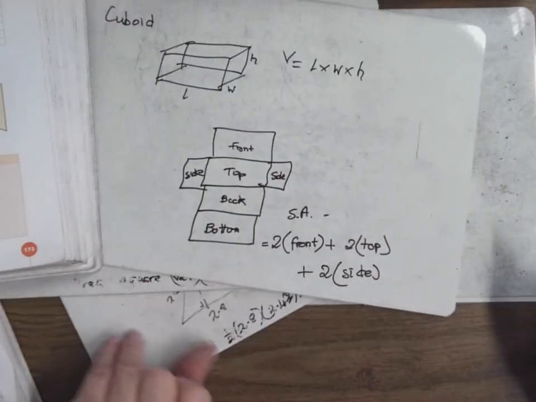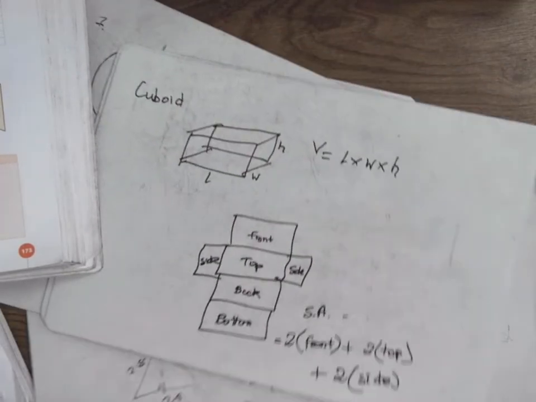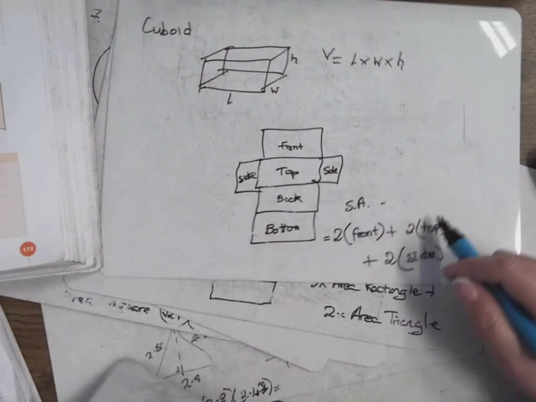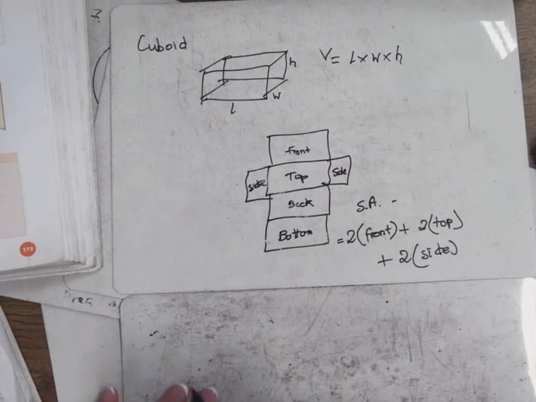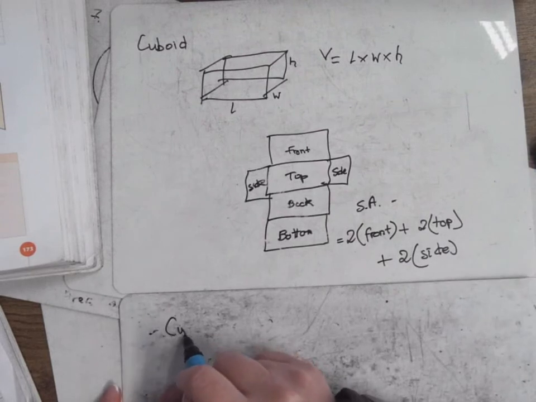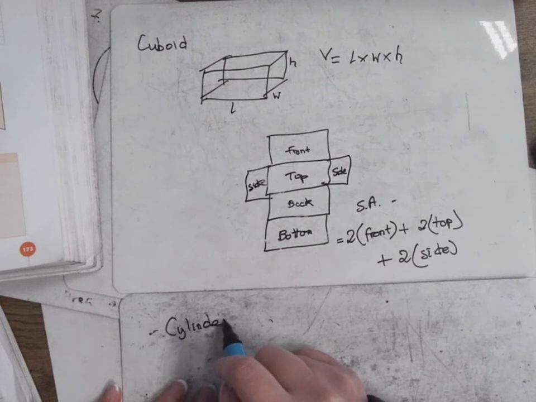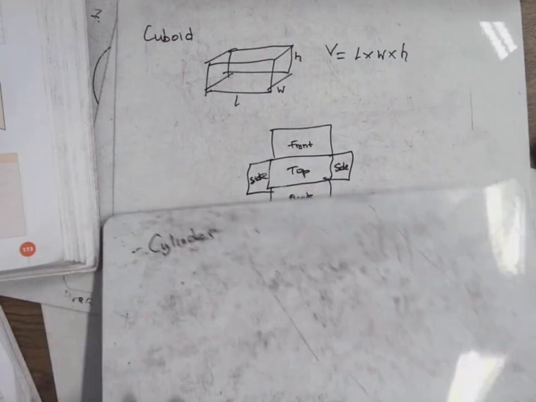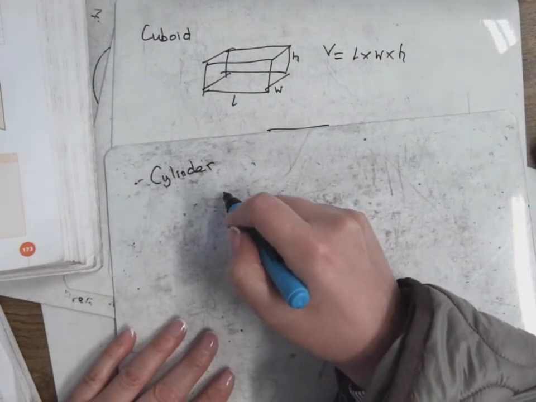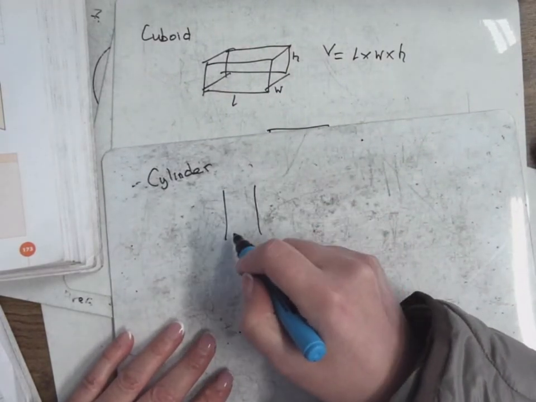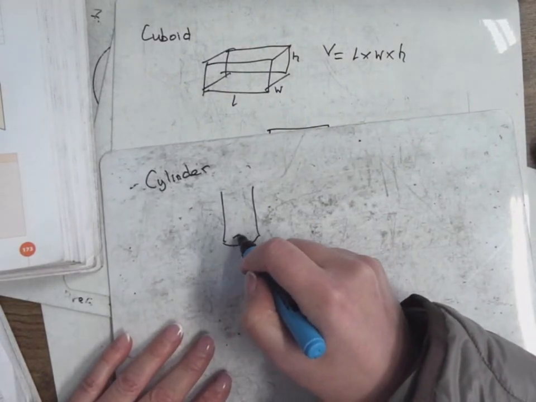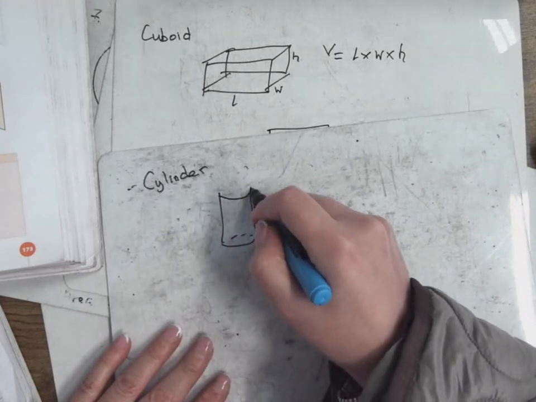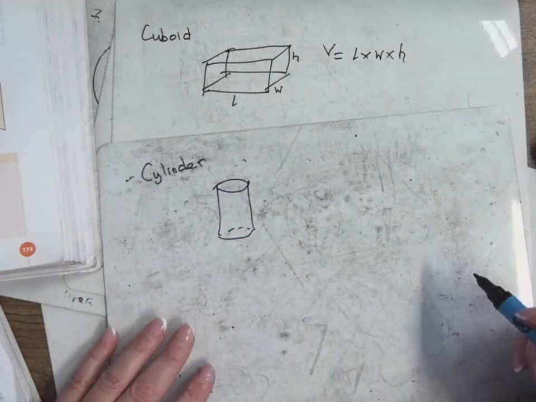So, right, okay. So, the next shape I'm going to do is the cylinder. Do you all know what a cylinder looks like? Pringles box. Okay, right. Cylinder, Pringles box, circle at the top, circle at the bottom, same circle.